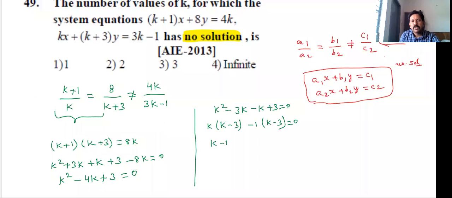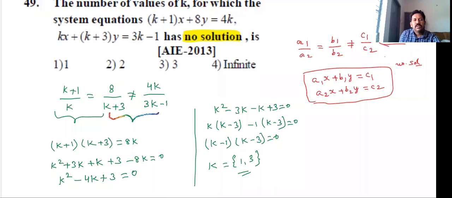So k minus 1 and k minus 3 is equal to 0. Then what is the k value, students? 1 comma 3. How many k values did we get? 2. But don't write the answer yet. Verify these conditions. If it is not equal, that is correct.